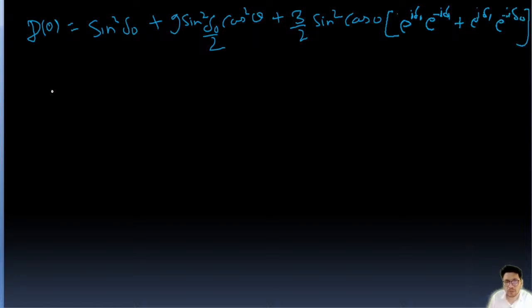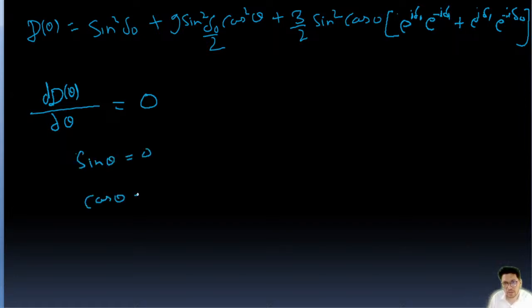So now for the minimum value of cos theta, what we'll do, d upon d theta, we will differentiate with respect to theta and we'll make this expression equal to 0. And after solving, what we are going to get, sine theta equal to 0 and cos theta value is going to be minus 2 by 3 cos square delta 1. Then the question.